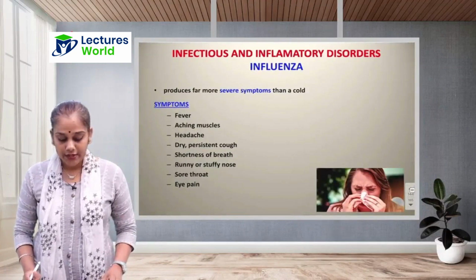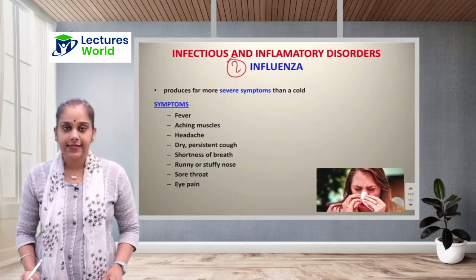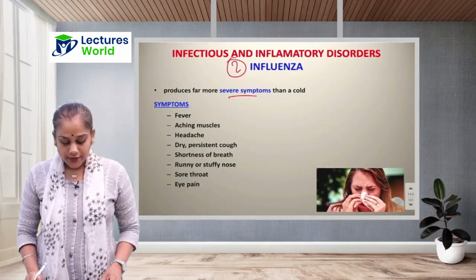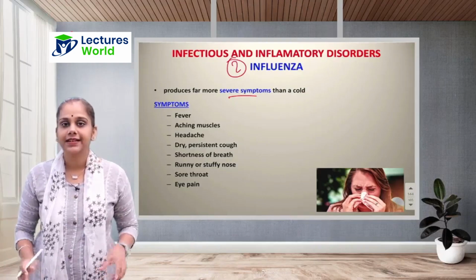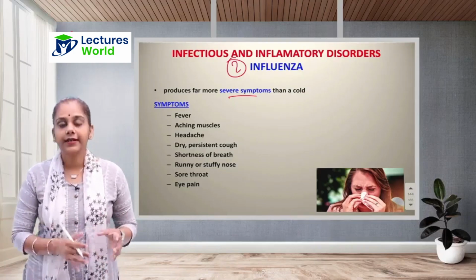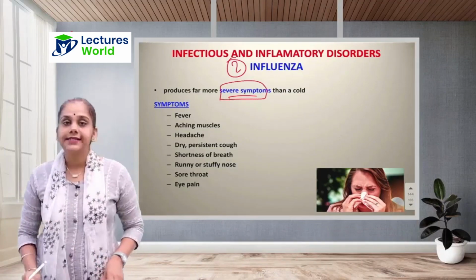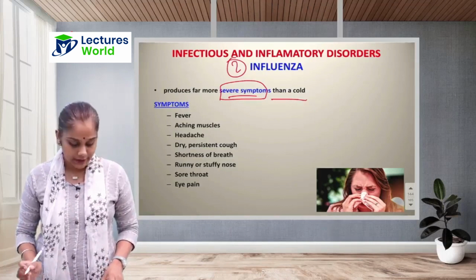Now, in the infectious and inflammatory disorders, the second condition is influenza. Influenza produces far more severe symptoms than a cold. It is like a common cold, but with more serious symptoms.